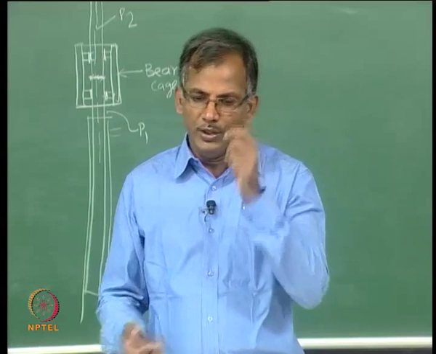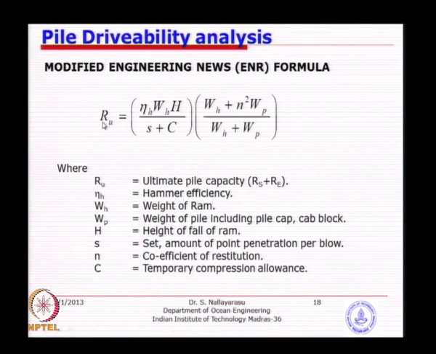Based on 1 inch, when you reach the ultimate capacity, because that is what we design any foundation system for, at ultimate capacity the maximum displacement should not be more than 1 inch. So if you have set the value of 1 inch as your acceptable criterion under maximum ultimate loading, what you want to do is use your hammer properties, go back here, put down your ultimate capacity, and see what value of set you are getting.